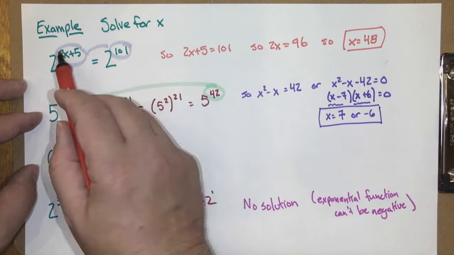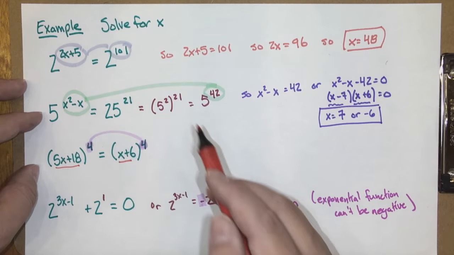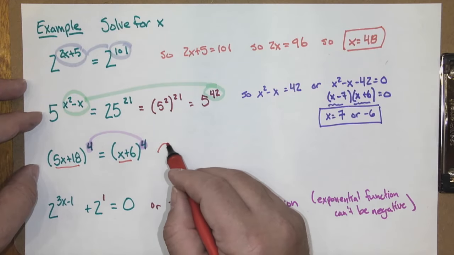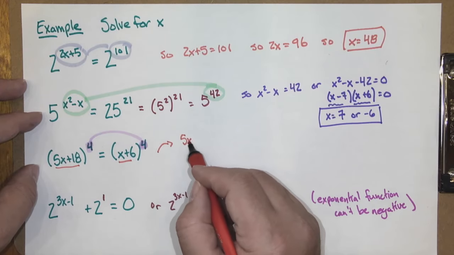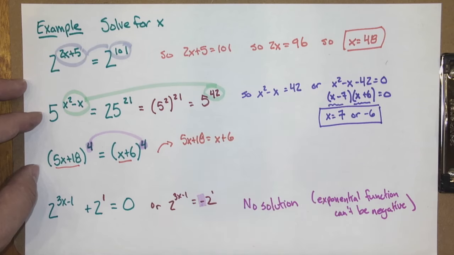Here we said, if the bottoms are matching, the 2's, then the top should be matching. So this seems to be telling us that we should get 5x plus 18 equals x plus 6. This is going to give us a correct answer. I'm not saying this is wrong. What do we do from here?